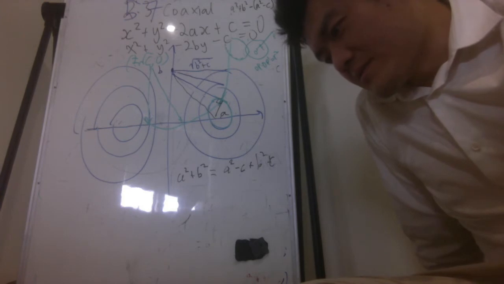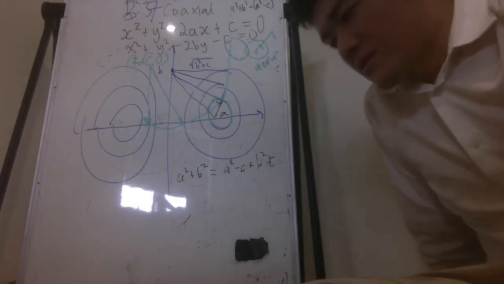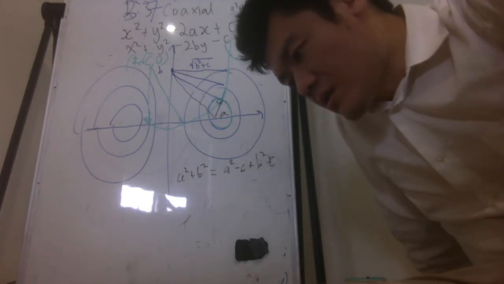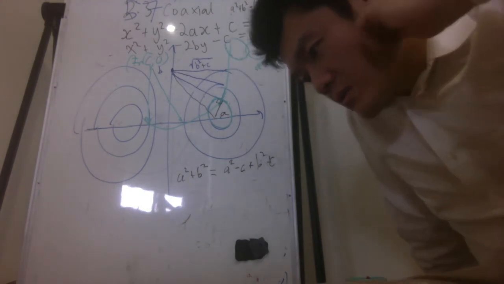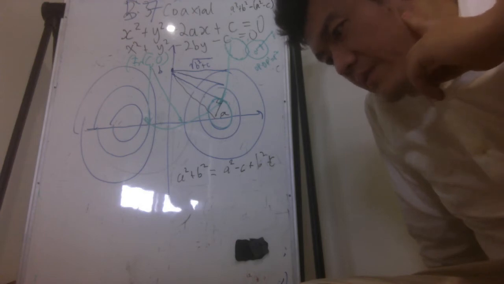What does that mean? So the members of a non-intersecting pencil of coaxial circles occur in a natural order determined by the order of the points in which they meet the line segment joining the limiting points.